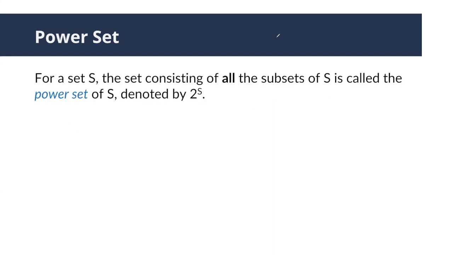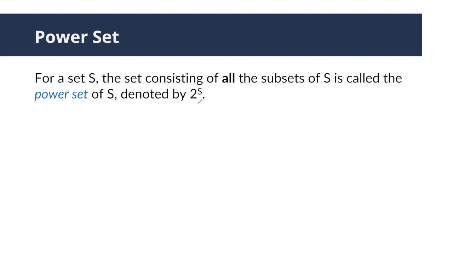The second concept I want to introduce is power set. For a given set S, the set consisting of all the subsets of S is called the power set of S. And here is its notation. Again, to use an analogy from algebra, this is just like the exponent.